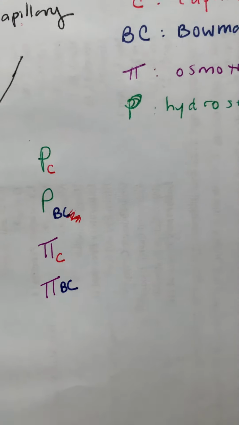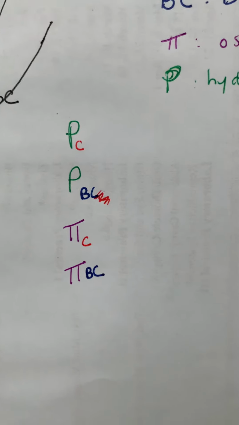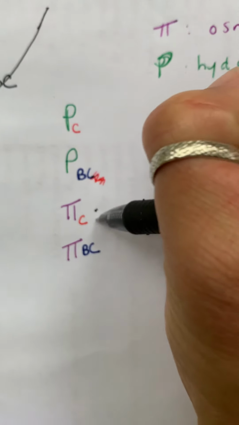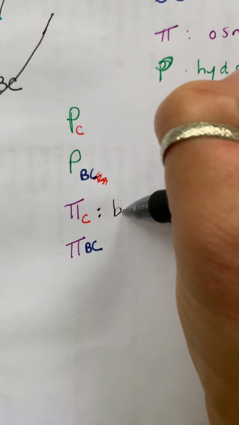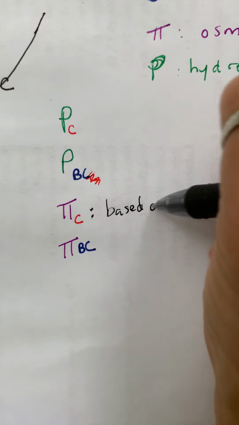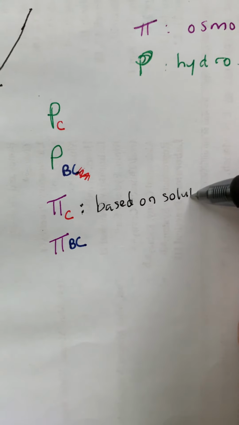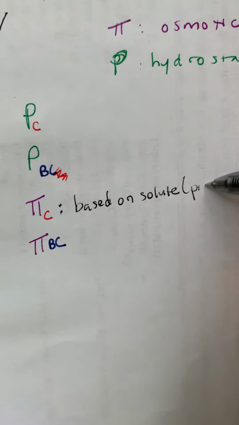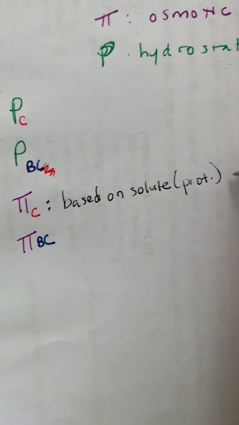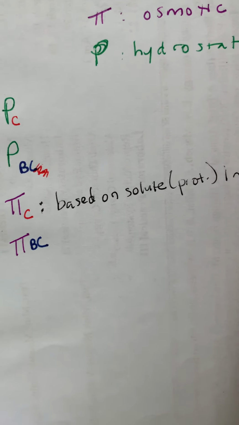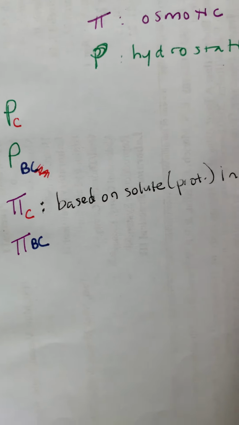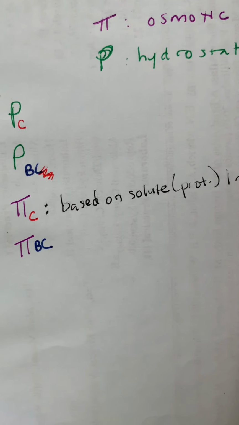So, osmotic pressure of our capillaries is going to be based on solutes, i.e. proteins, in the blood. There we go. That's a B. B for blood. Okay.